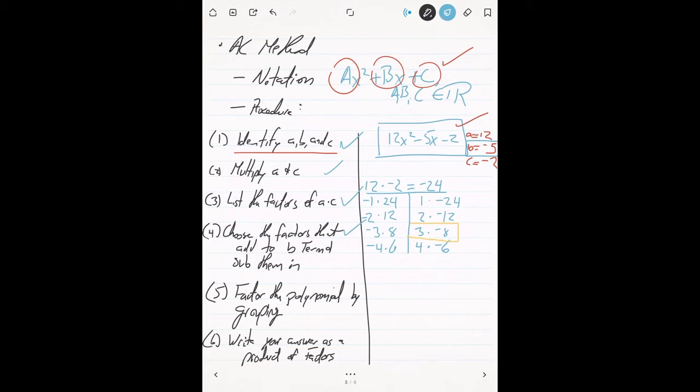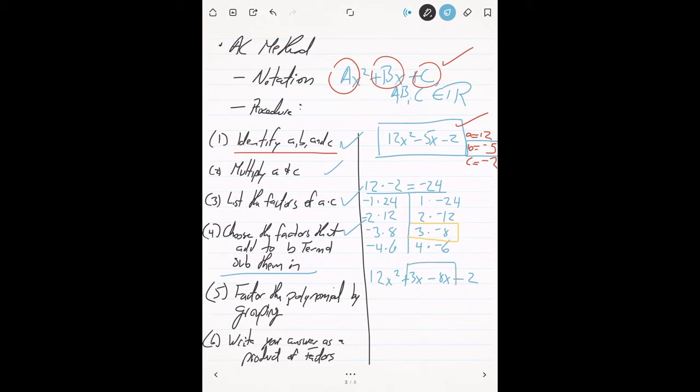And what we need to do is sub them in. So watch carefully. Instead of having 12x squared minus 5x minus 2, I'm going to substitute in a plus 3x and a minus 8x.